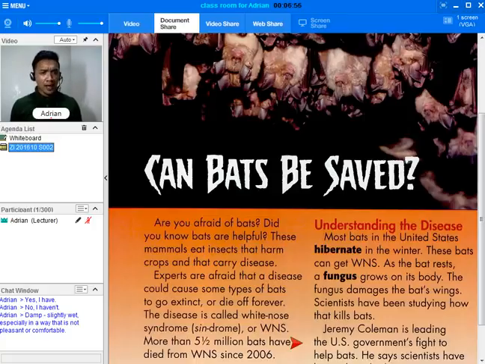Alright, so that is why bats need to be saved: because of a disease named white nose syndrome. There is this illness that threatens the life of some bats.